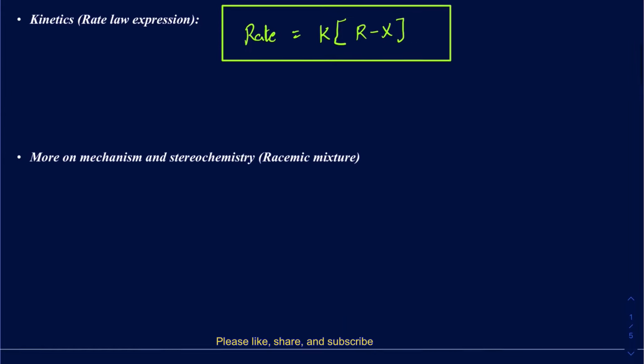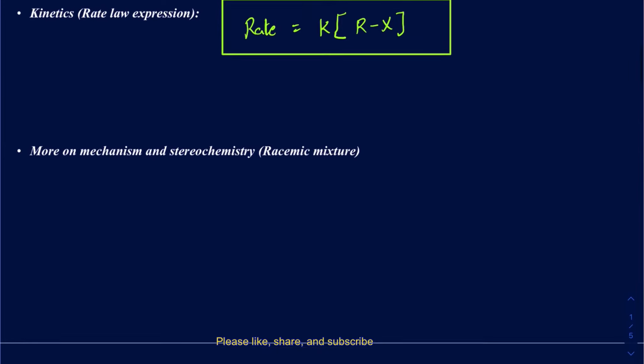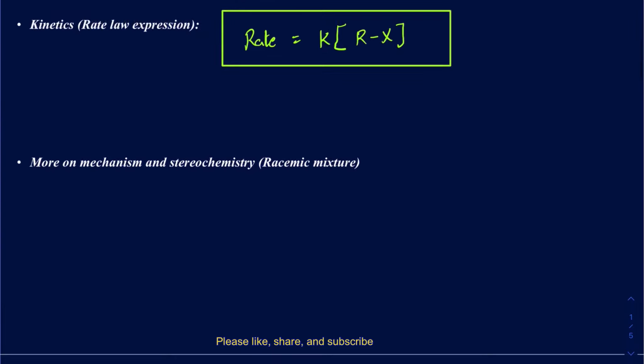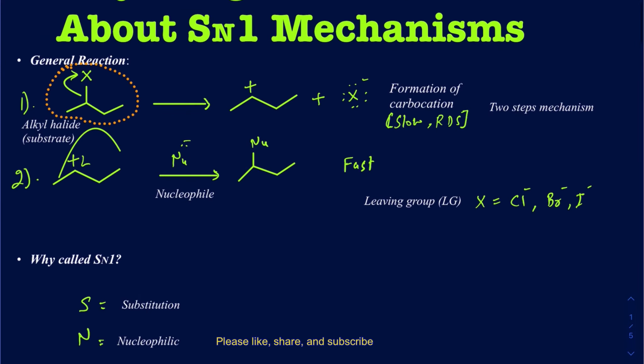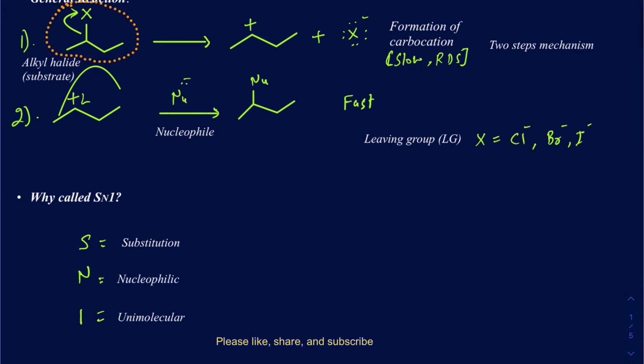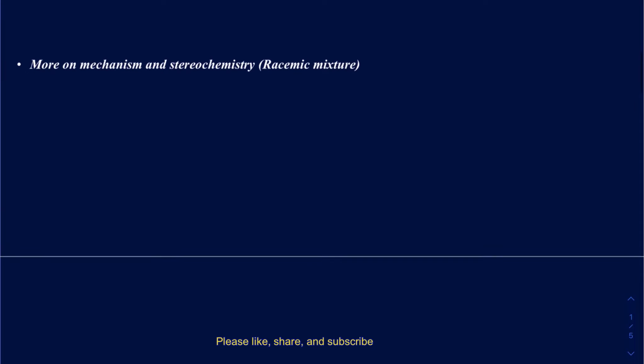Okay, let's talk about the stereochemistry now. So if I go back and pick the same type of reaction here, suppose I got this secondary alkyl halide, and suppose I got this chlorine that's kind of coming out of the page.